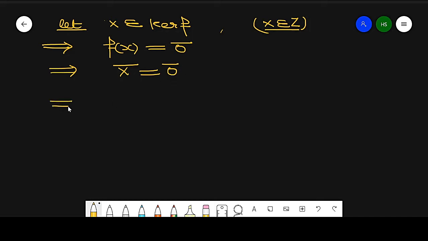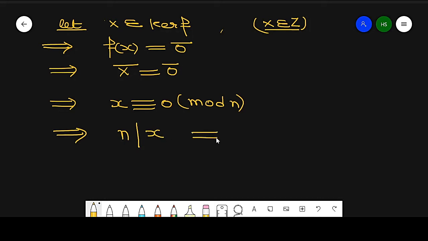So what is x? x is congruent to 0 modulo n, right? What does it mean? It means n divides x, so x is a multiple of n.